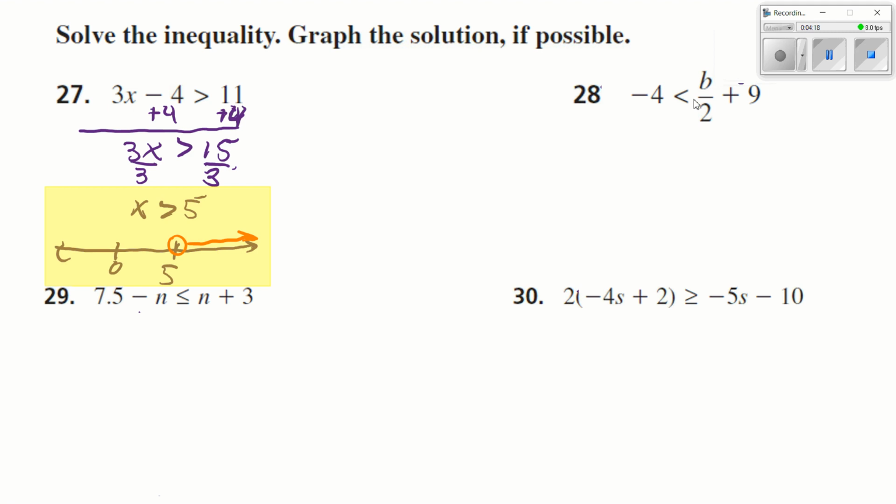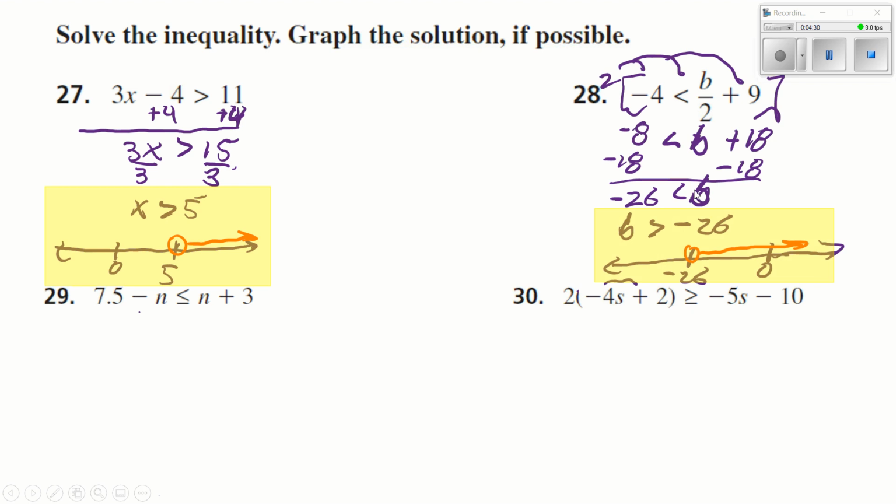Number 28, I see that there are 2 ways to do this, and I know that we were shown one way here, and I'm not sure I'm crazy about it. In this one, what it looks like he did is multiplied by 2 first, and then he subtracted.